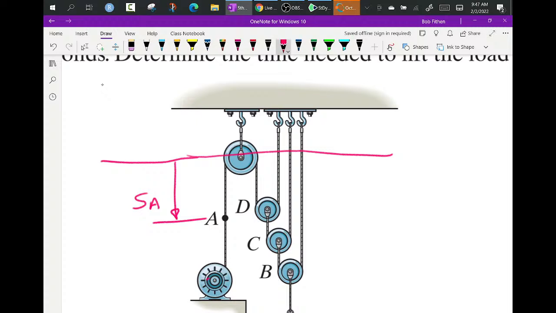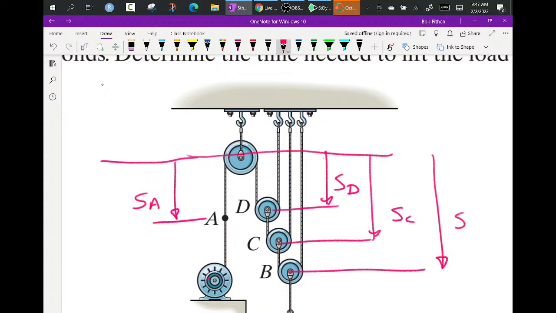Then I'm going to go ahead and use the same datum in SD, SC, and SB. Now, just in case, let's see. I got a rope here, goes to there.